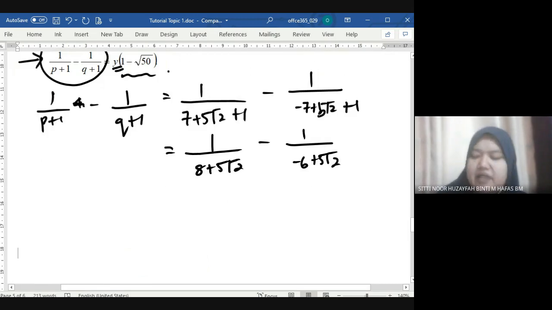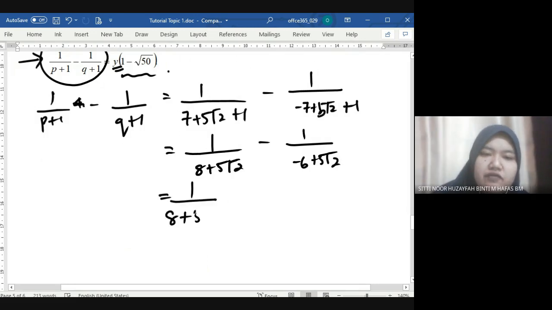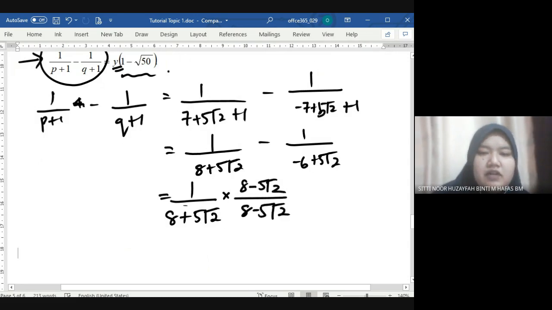But if I rationalize each of the terms, I will have to multiply with the conjugate. So 1 over 8 plus 5√2 multiplied by 8 minus 5√2 over 8 minus 5√2. Right? And this is also the same for the right side.